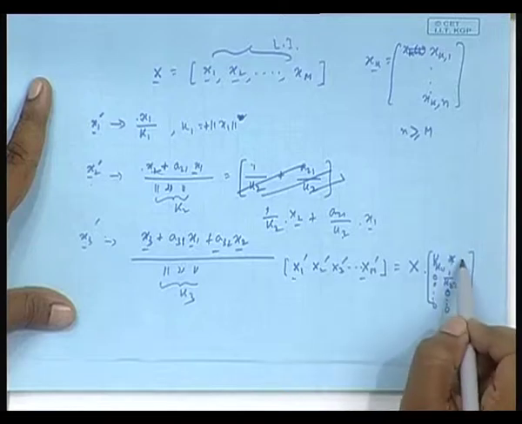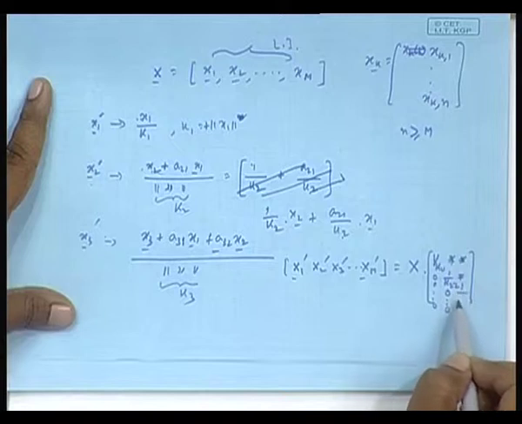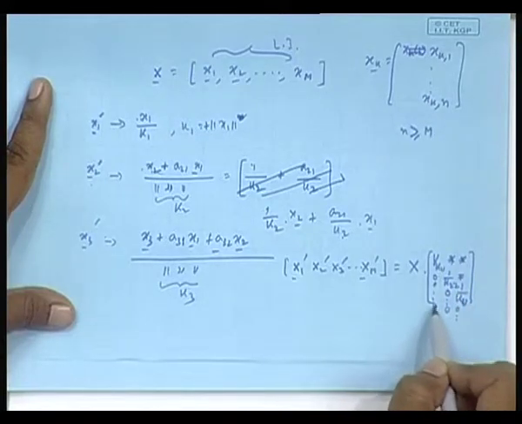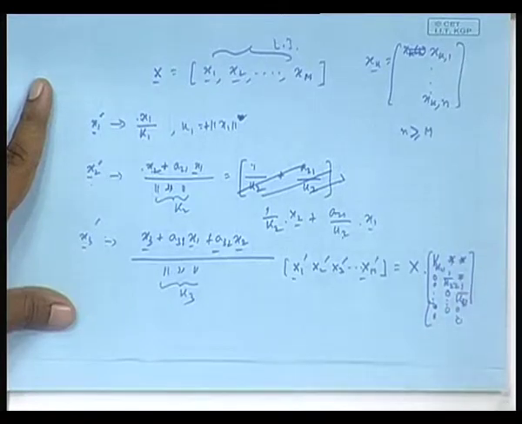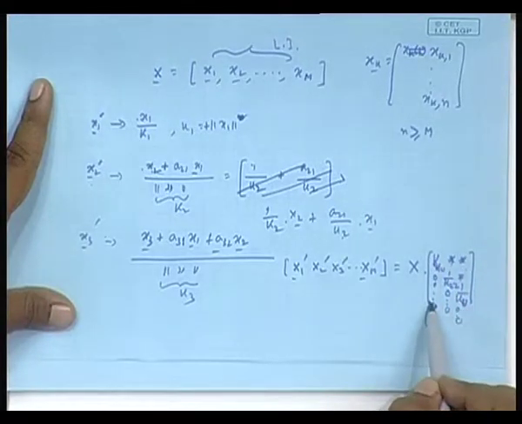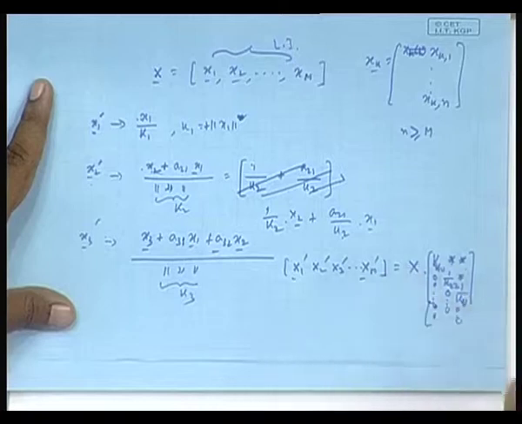Then again it will be some element here, some star, again 1 by k3 3, 0, dot dot 0, so on and so forth. So, what kind of structure is coming? An upper triangular matrix on top. Upper triangular matrix size is m cross m. Below that there is a chunk of zeros.